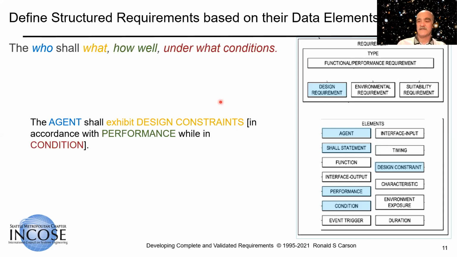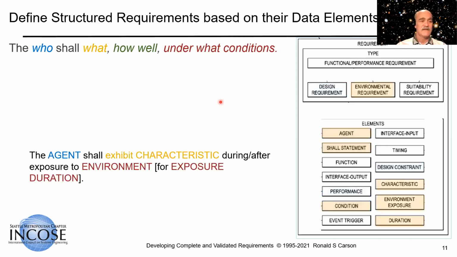But even something as simple as how big, dimensions, you might have to specify a temperature condition to ensure fit in your system. The environmental requirement details out what the characteristic is.